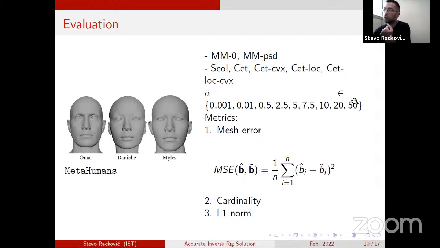And of course, if we go up to 50, this is added just for the sake of completeness. But if we go up to 50, it's very close to zero vectors. So we are just punishing non-sparsity too much. So we should probably be in the region between 0 and 10, and optimally somewhere around 2.5.